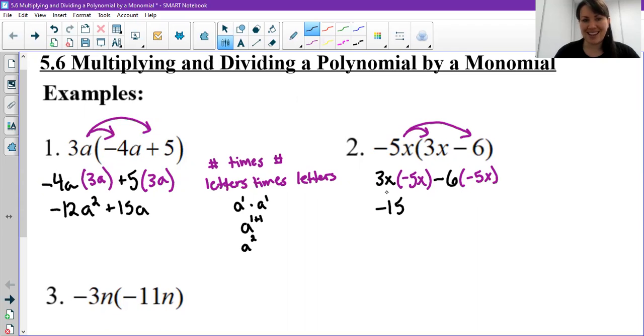X times x. Again, we have the same base, which means I can work with the exponents. They're both power of 1. So this is the same thing as x to the power of 1 plus 1, or x squared. Negative 6 times negative 5 gives me a positive 30. And the x is the only thing there, so it stays there.